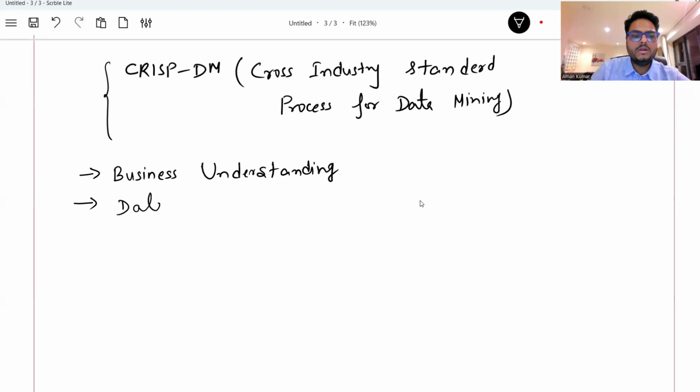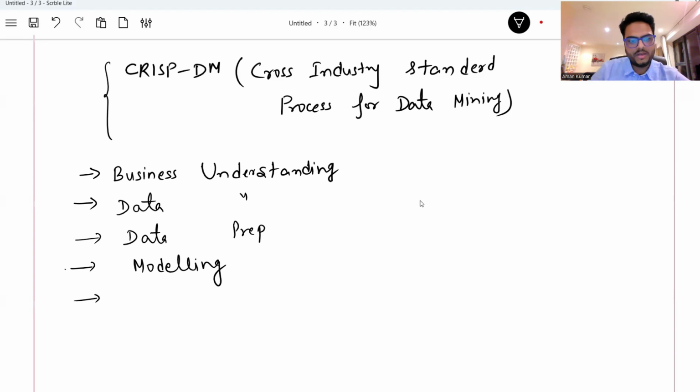Business understanding you need to do, data understanding you need to do, data preparation you need to do. Modeling you need to do. I'm talking about how you do the data mining pipeline. Evaluation you need to do, and deployment you need to do.